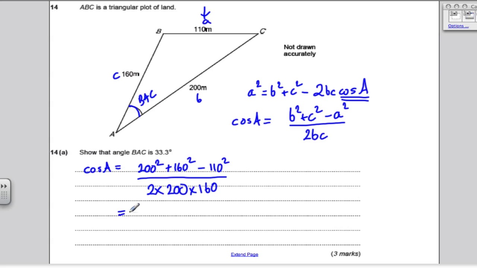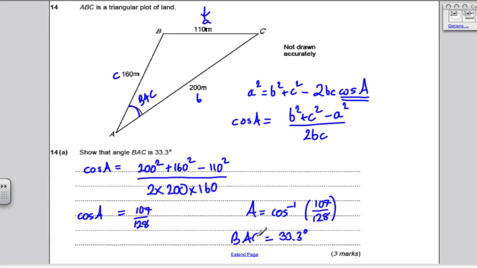So working this out on your calculator, you get a fraction when you do it in my calculator of 107 over 128, and that's cos of the angle A. So the angle A must be the inverse cos of 107 over 128, making sure your calculator is in degrees mode, and you should get the answer 33.3 as required.